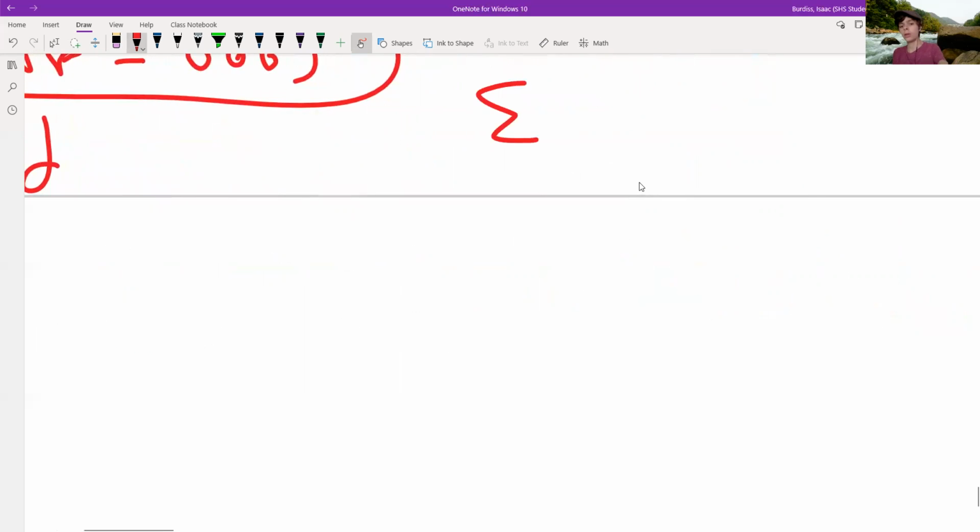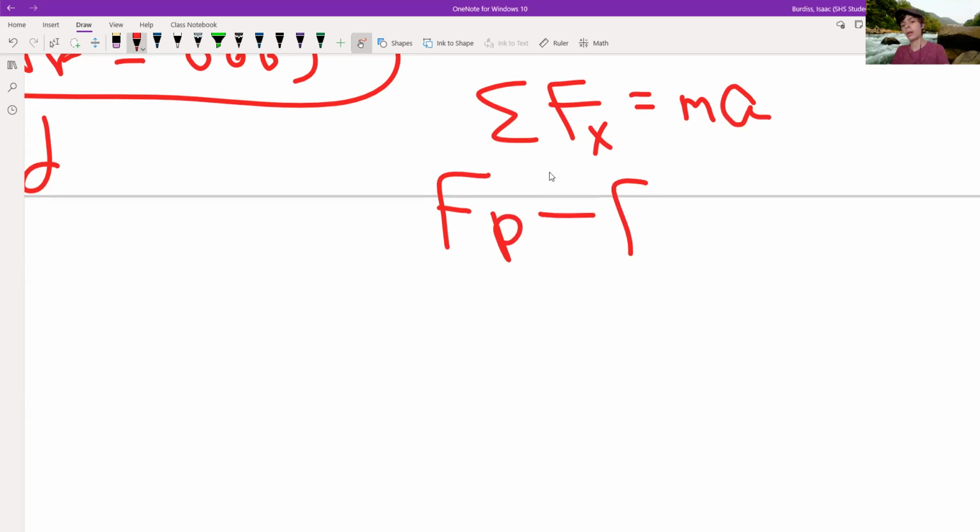We have to do Newton's law, and we'll do the x direction. So we have a positive this and a negative this.